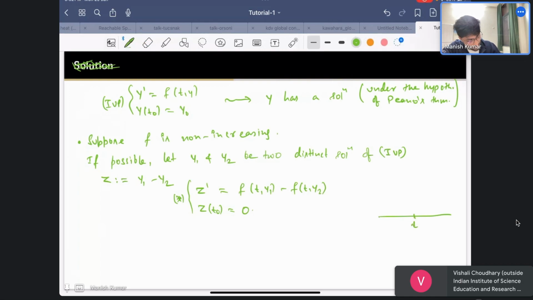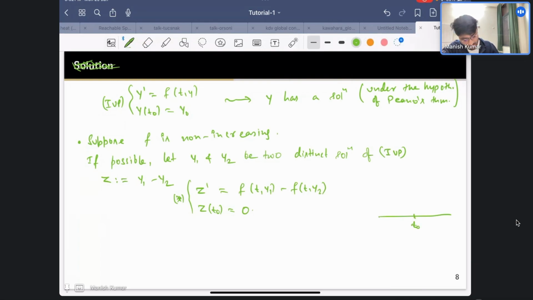From Peano's theorem, suppose y1 is a solution, it will exist on t naught minus h1 to t naught plus h1. For the second solution, it might have some h2 which is not h1. We don't know about that, so we'll take the minimum of the two.